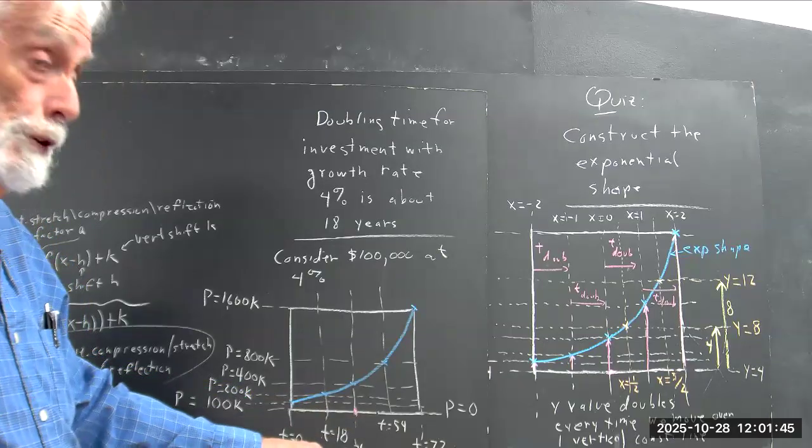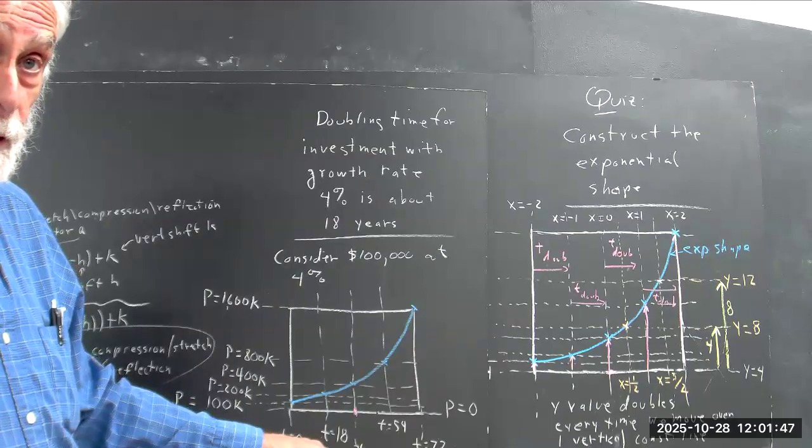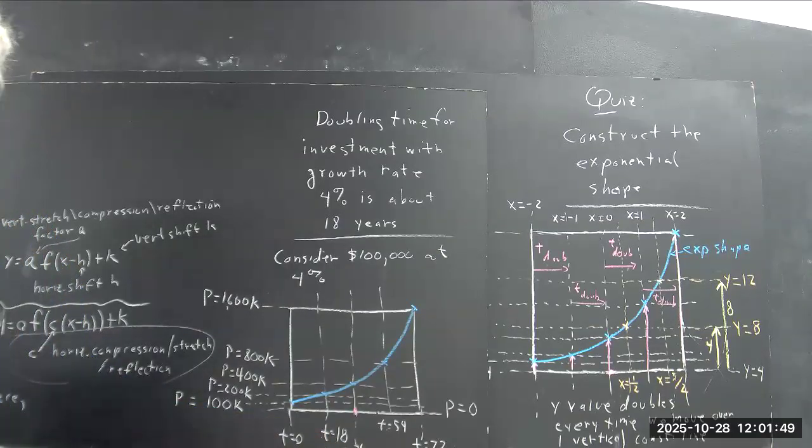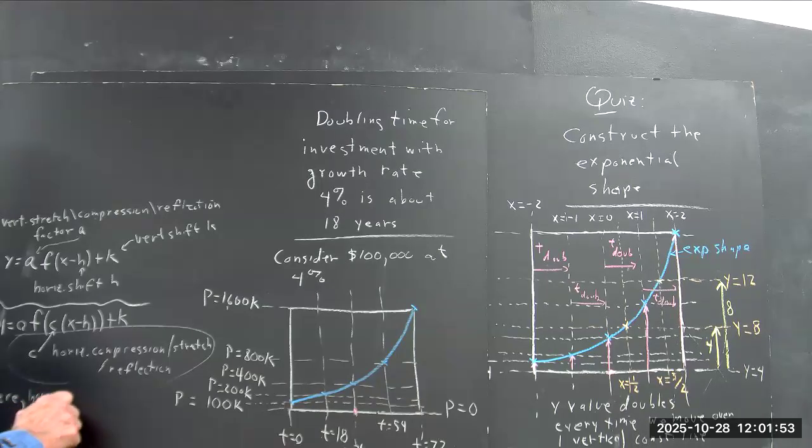Now it's at t equals 36, just like x equals 36. So the horizontal shift is 36. And the vertical shift is 0.